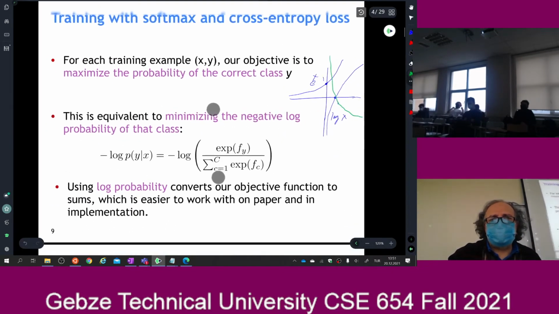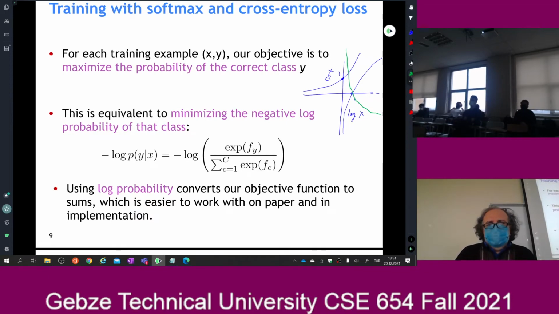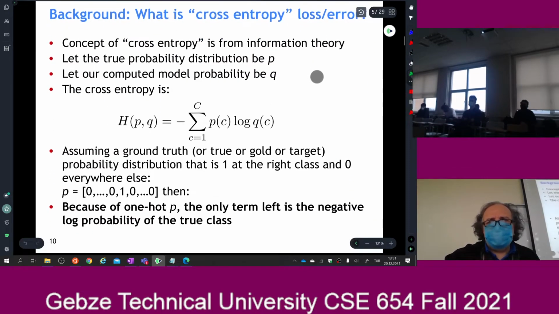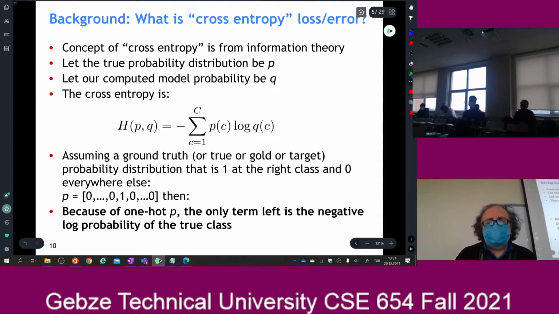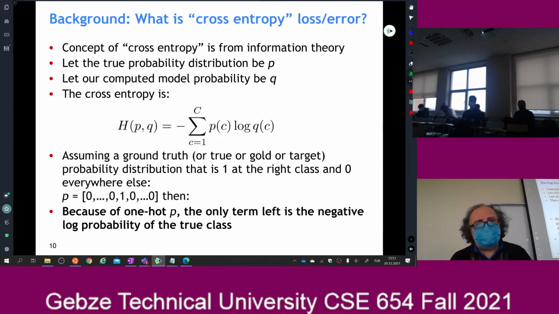This is called the negative log likelihood of a softmax function, negative log probability, and it actually comes from information theory. You may remember information theory from some of your courses, maybe a communication course or something like that.